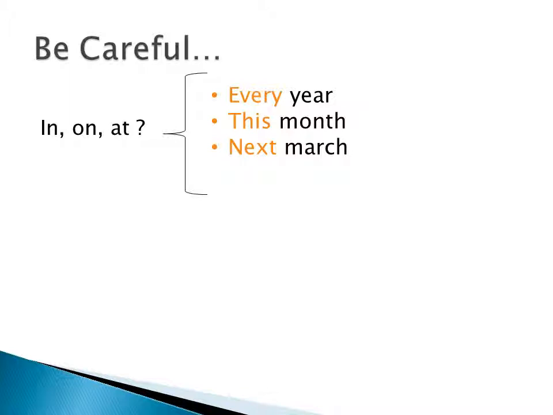Sorry, I forgot. March is a capital letter, is a big letter. It's March. That's a mistake. Last summer. Again, summer. So last summer. In every year, on this month, at every summer. What should I put?